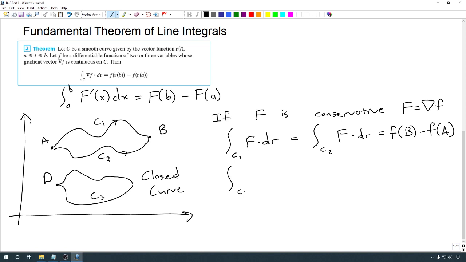The integral over C3 of capital F, as long as we are conservative, is going to equal the value of little f at D minus the value of little f again at D. So we're always going to get 0 here. So over any closed curve, a conservative vector field has a line integral of 0.